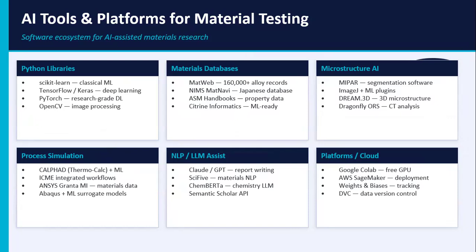Specialized software including Dream.3D and Dragonfly is especially meant for microstructural analysis of the material. Cloud platforms such as Google Colab and AWS SageMaker facilitate model development and deployment. So these tools make AI more accessible to researchers and industry professionals alike.